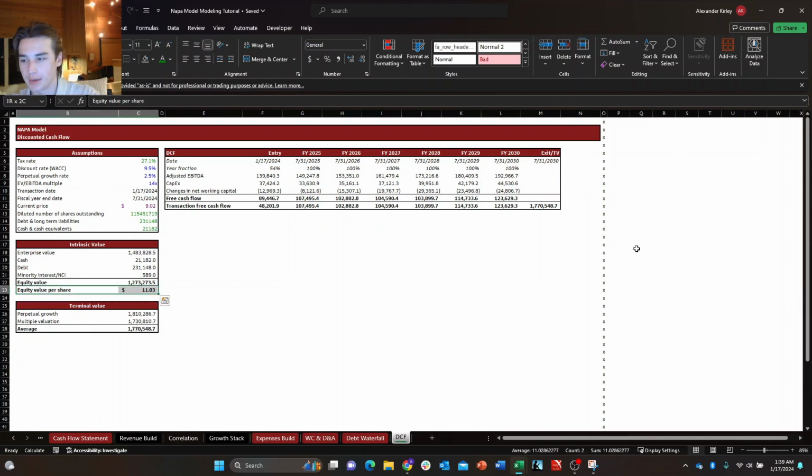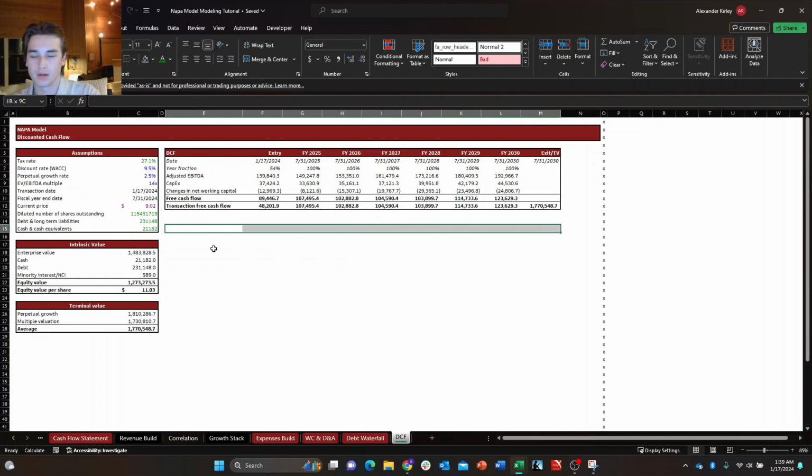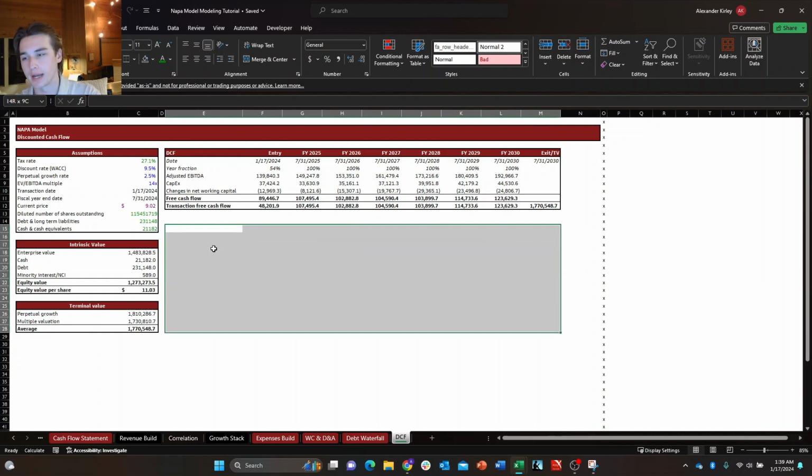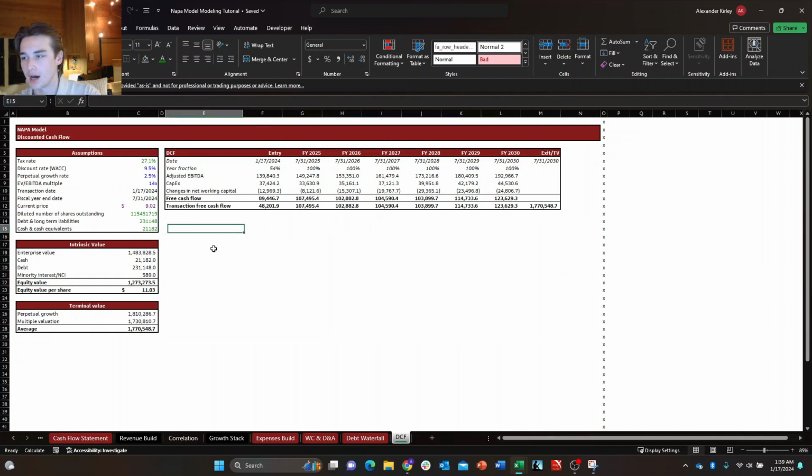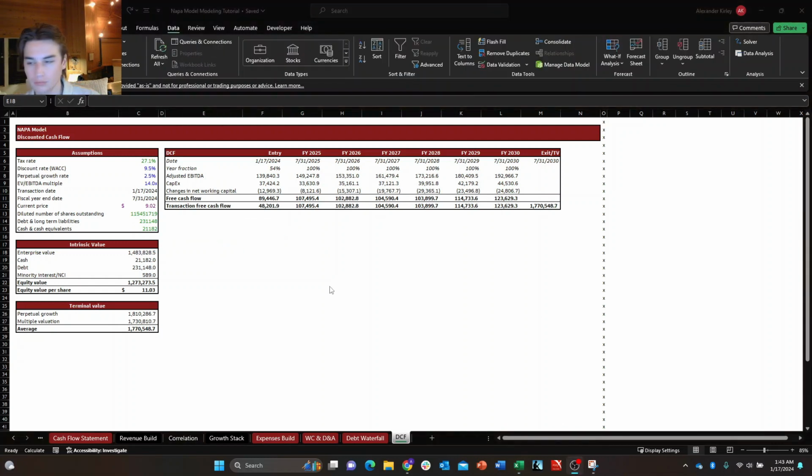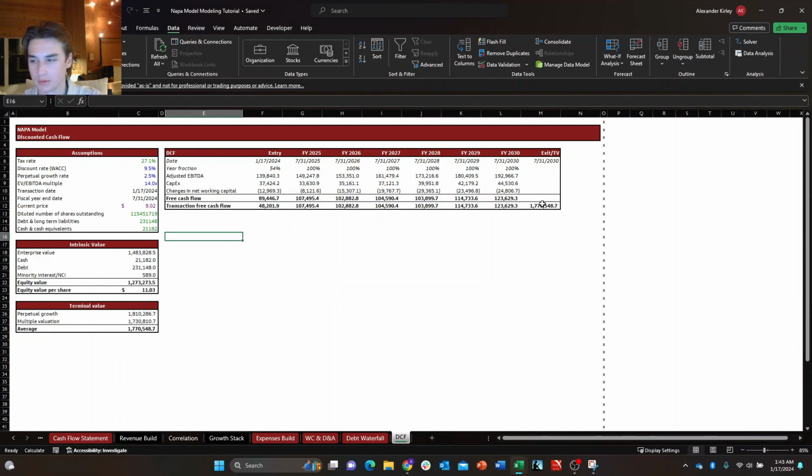Now we need to get into how we're going to sensitize this and get a better idea of how markets may price this in the future based off of sensitivity analysis of our weighted average cost of capital and our EV/EBITDA multiple. So now I want to create a sensitivity table. So this is what happens if my weighted average cost of capital is 11%, right?